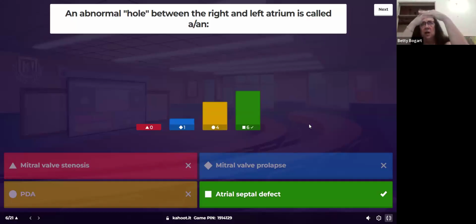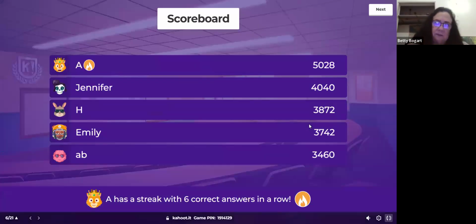The upper chambers are called atria. The bottom chambers are called ventricles. If there's a hole between the upper chambers, it's an atrial septal defect or ASD. If it's the lower chambers, the ventricles, it's a ventricular septal defect.